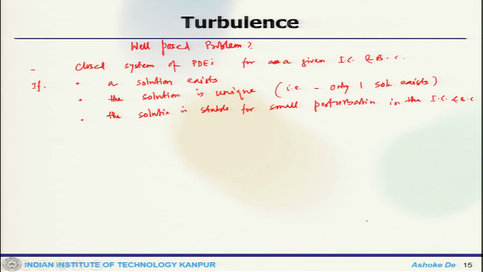So, a closed system of PDEs can be said well posed for a given IC and BC if the solution exists, is unique, that is only one solution exists, and the solution is stable for small perturbation in the initial condition and boundary condition. So, that is how one defines the well posed problem. Now, how would the Navier-Stokes equation look?